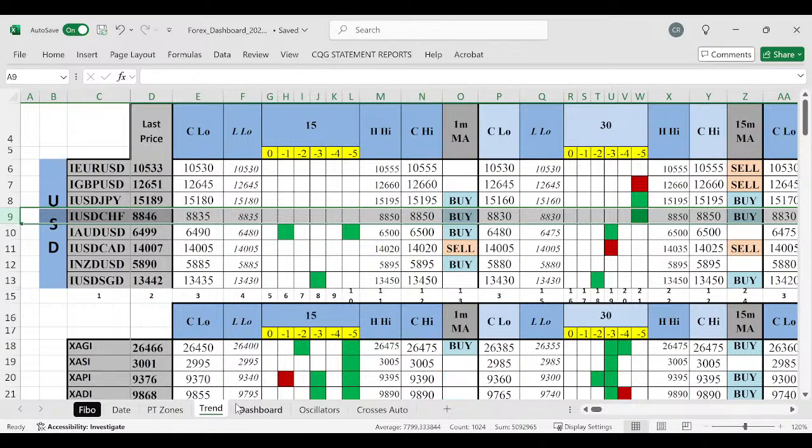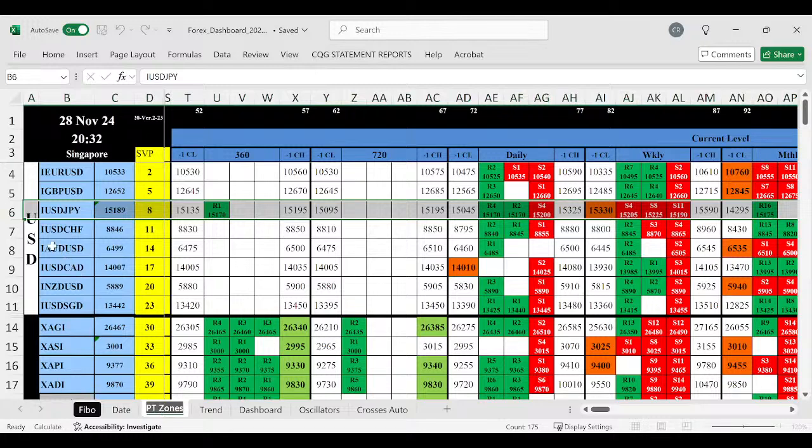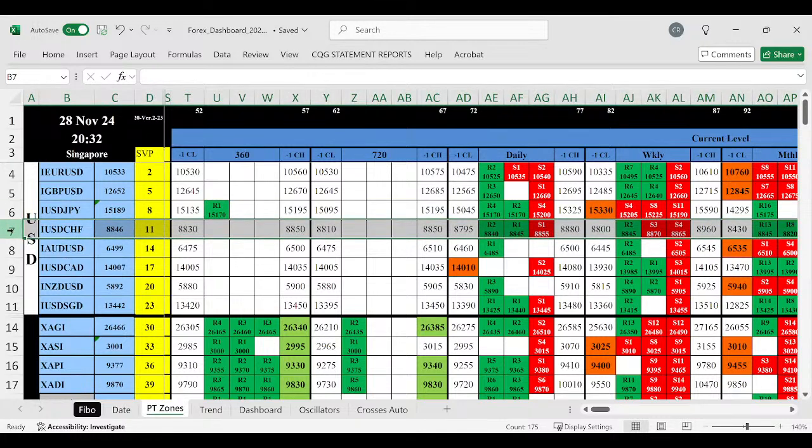Let's see the PT zones. PT zones are saying that the hourly, 360 and 720 have no strength, but this is showing some strength on the daily, though it's rather weak. But on the weekly, this is pointing down, which means any pullback should be limited.